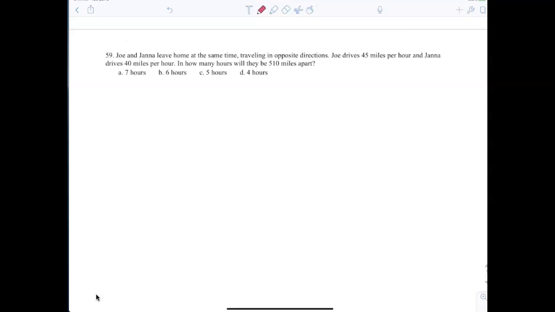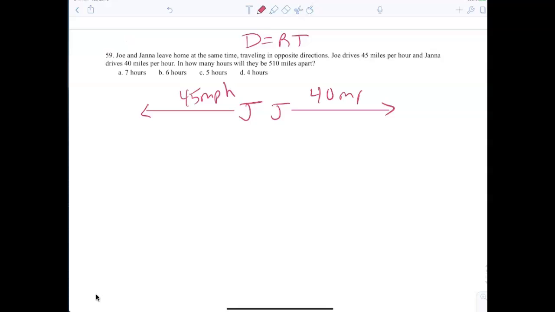Well, think of it like this. First of all, we know that distance equals rate times time, right? Here is Joe going in this direction, and Jenna going in this direction. So we agree with that? One person is traveling at 45 miles per hour, and the other person is traveling at 40 miles per hour.